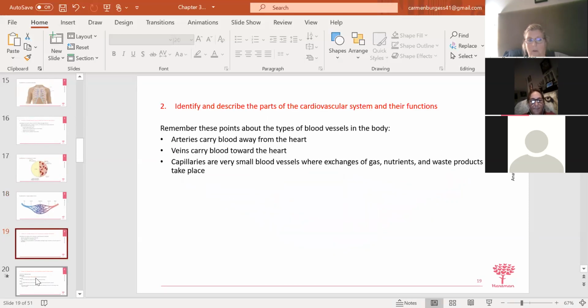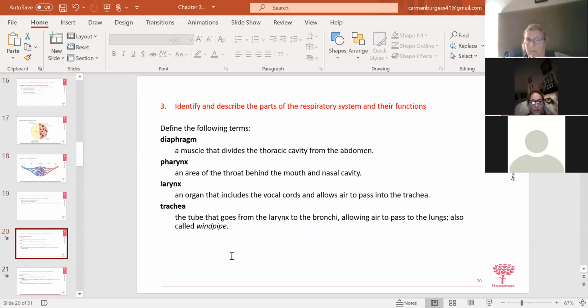That's just to reiterate what we were just talking about. Respiratory system, again, they both go hand in hand. You kind of have to know the parts of the respiratory system so you know where these things lie, because when you're doing an EKG or you're having somebody who has trouble breathing, these are the parts you need to know.